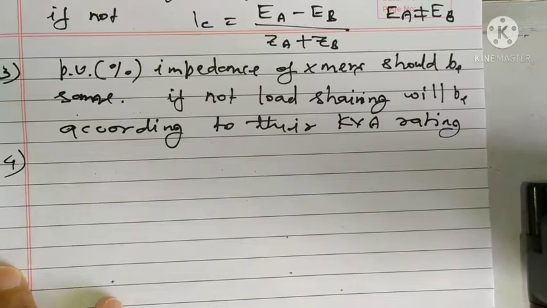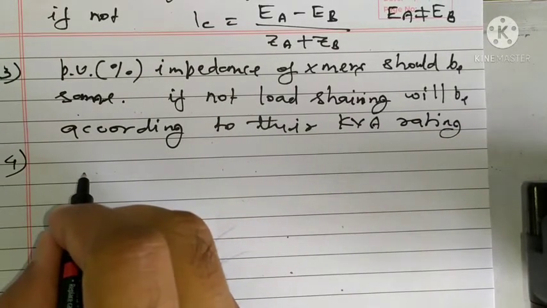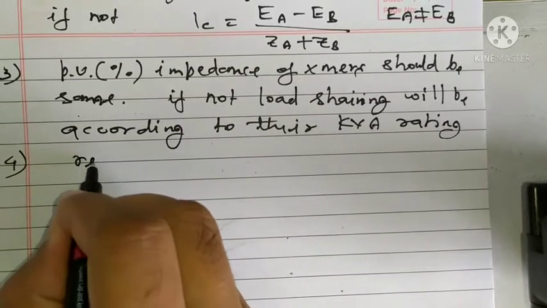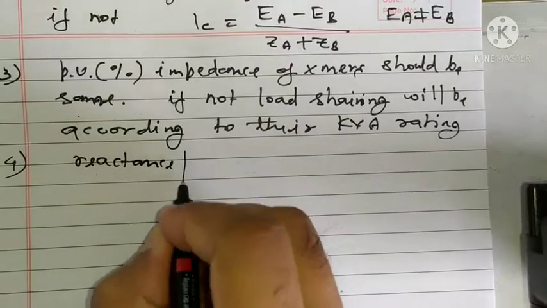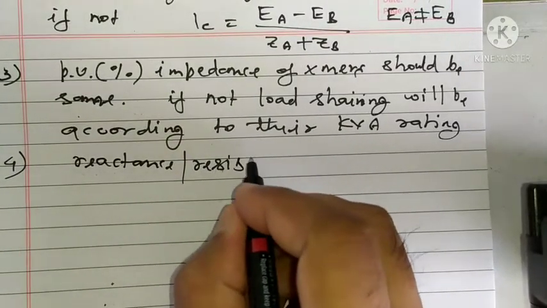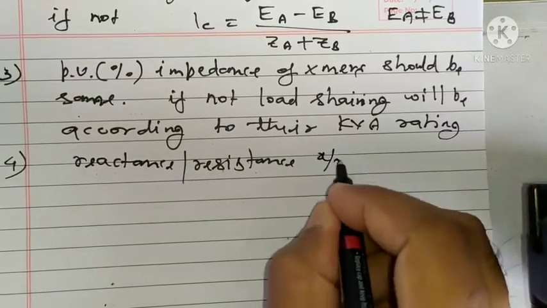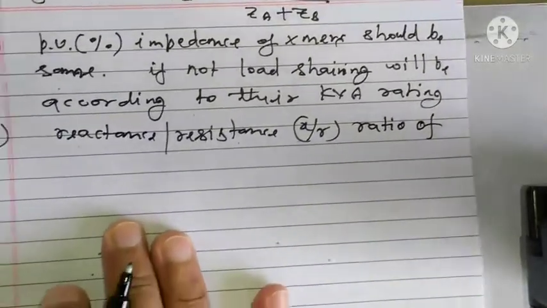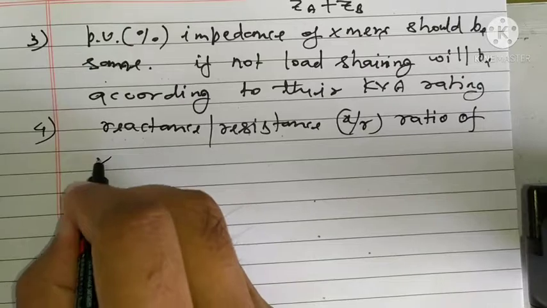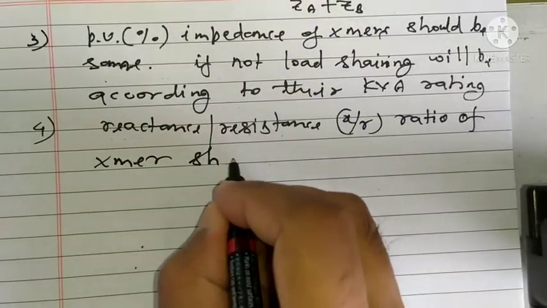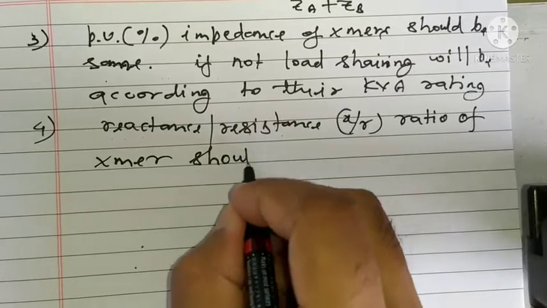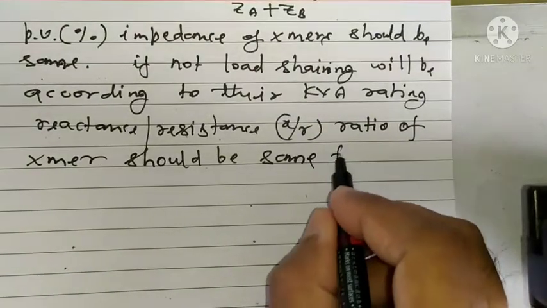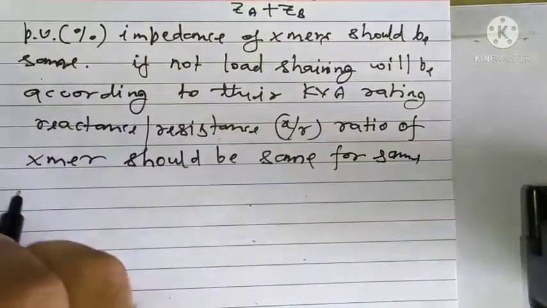The next necessary condition is that the ratio of reactance to resistance, X by R, of the transformers should be the same for same power factor operation.